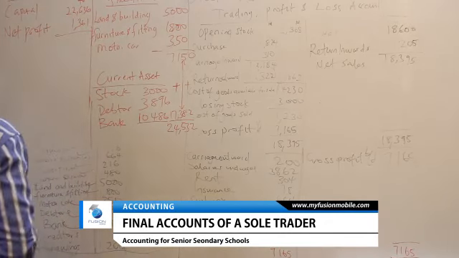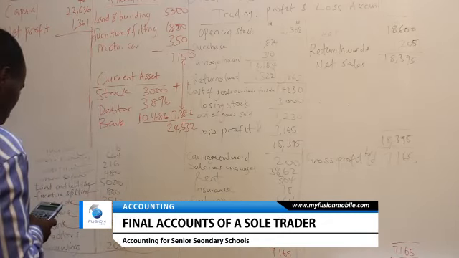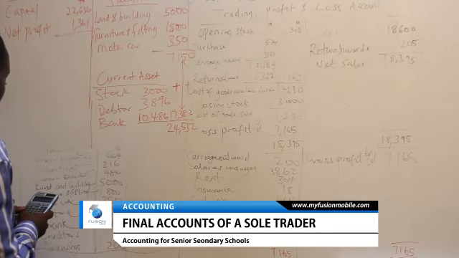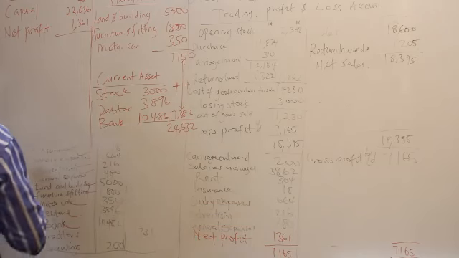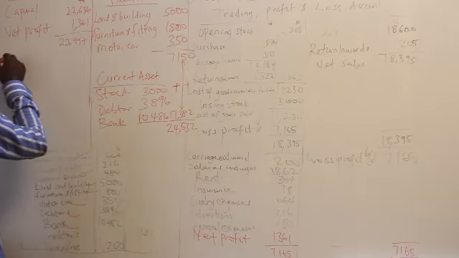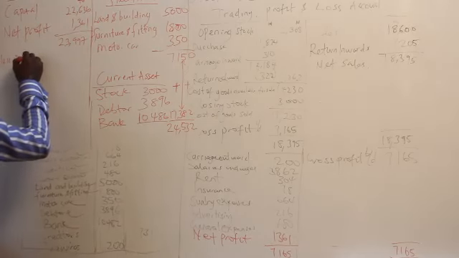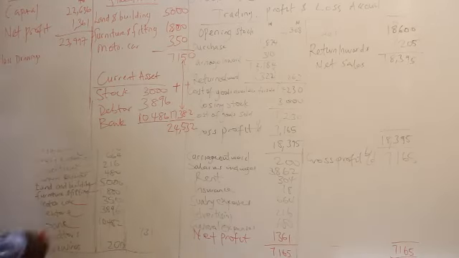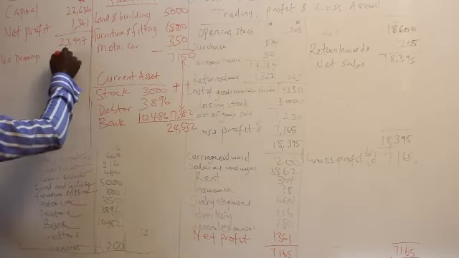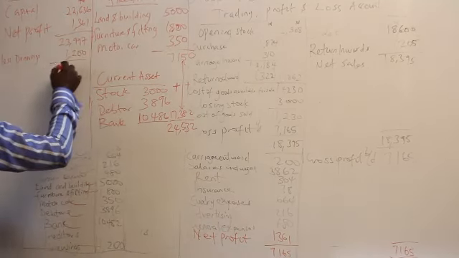So we have 22,636 plus 1,361, so you have 23,997. Then less drawings within the period, which is this 1,200.